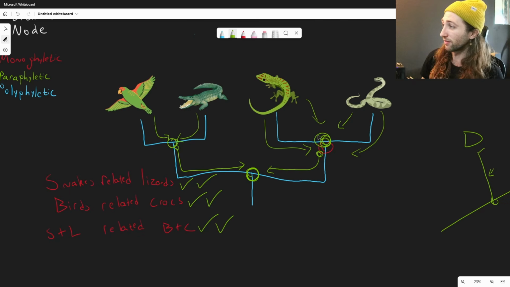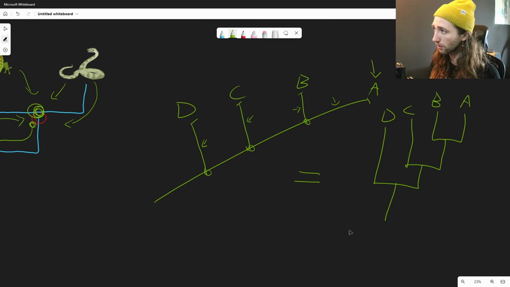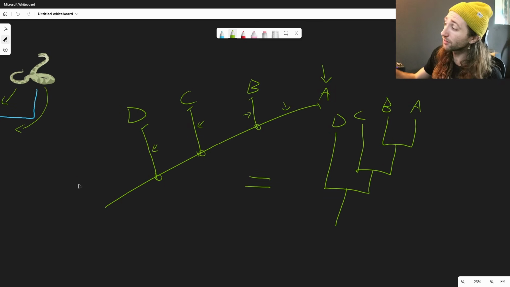You could say that this common ancestor of lizards and snakes was some type of reptile that looked similar to reptiles, to lizards and snakes, and then ultimately diverged into the two groups, right? And so here, again, even though it's in this format, this like ladderized almost format, it is still a tree.